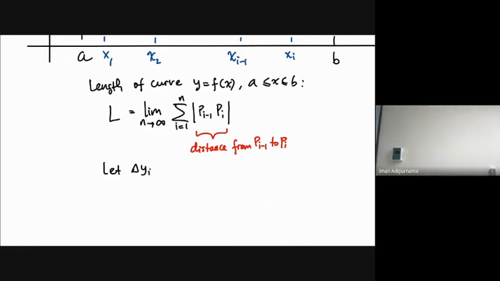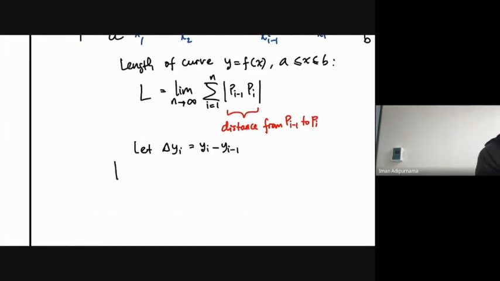I will also define the delta y, based on our curve and our notations. Let this be the difference between y_i and y_{i-1}. So let's write the distance.